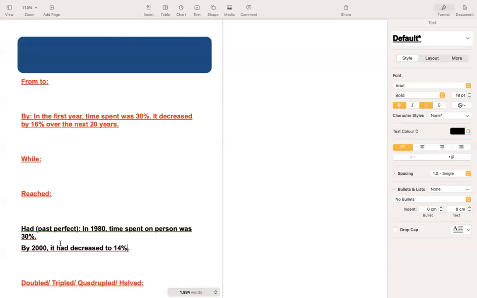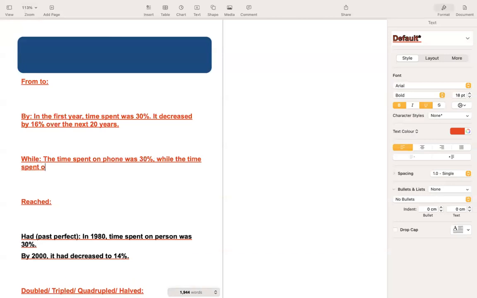Yes. Okay, "while" one. So does someone remember the "while" sentence? It's actually two sentences. How do we do it? The time spent on phone was 30% in 1980, while the time spent on other things was only 14% in 2000.